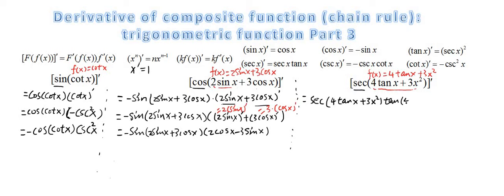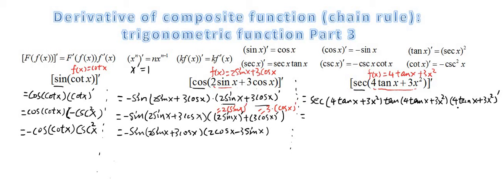And also we have the derivative of f(x). So times the derivative of f(x), that will be the derivative of 4 tangent x plus 3x squared. Now for the last term, we know that the derivative of a sum of two functions is going to be the derivative of each term, right?